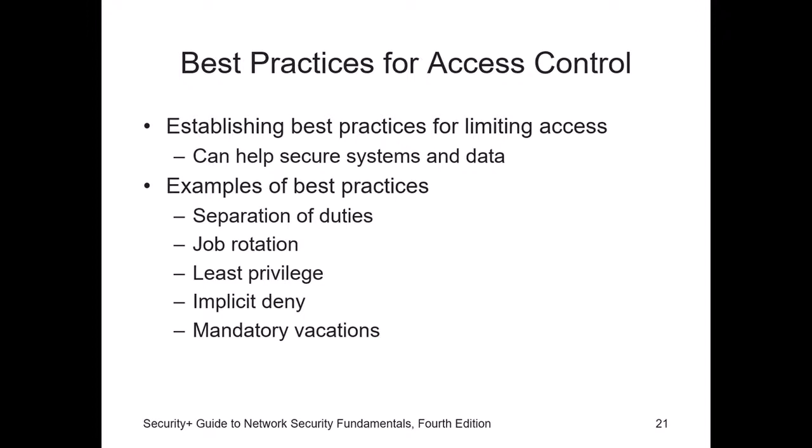So when you leave your position, somebody's going to be taking over. You won't be able to hide things. So it's just like I told you earlier in another chapter that auditing, you just let people know that you're going to audit the systems. They behave much, much differently. All right. So those are the examples of the best practices for access control.